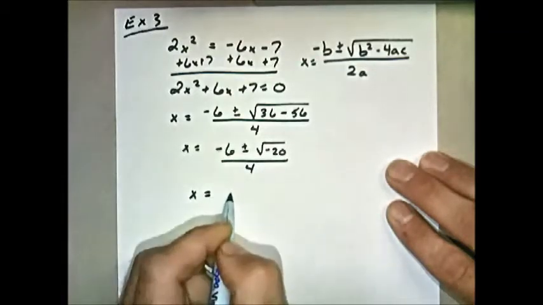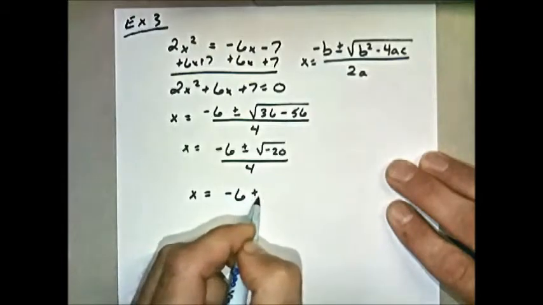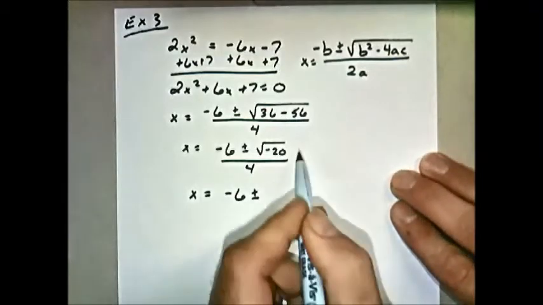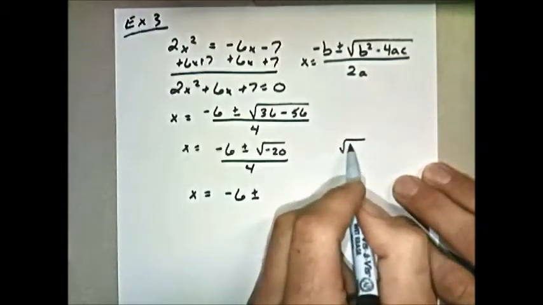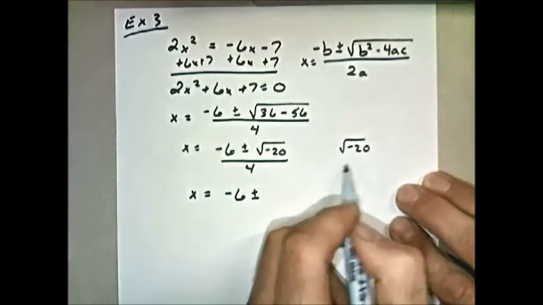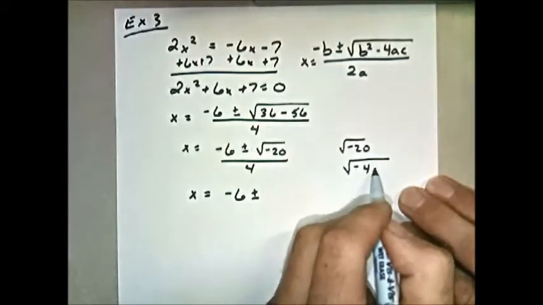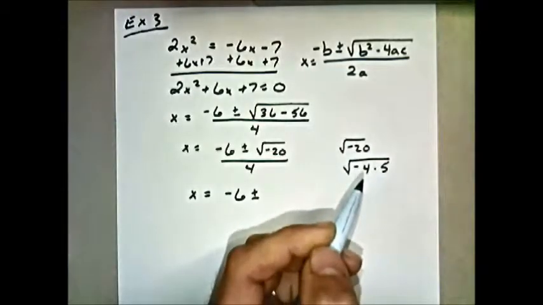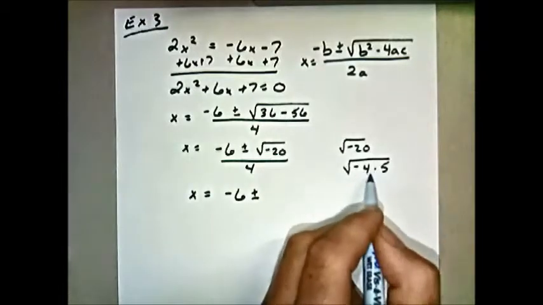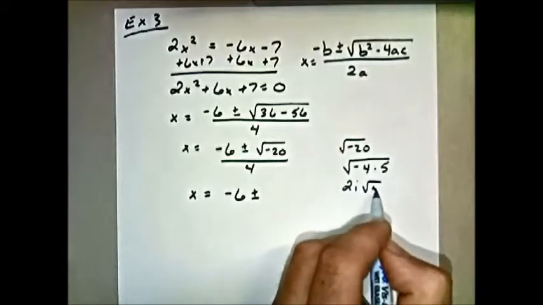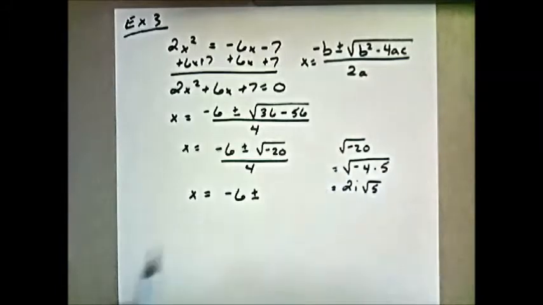So we have x equals negative 6 plus or minus. We can reduce the square root of negative 20. Coming off to the side, the square root of negative 20 equals the square root of negative 4 times 5. Square root of negative 4 comes out as 2i, and we end up with a radical 5.